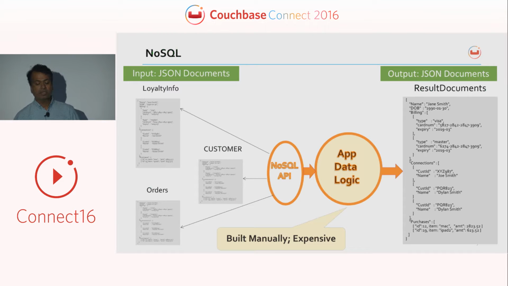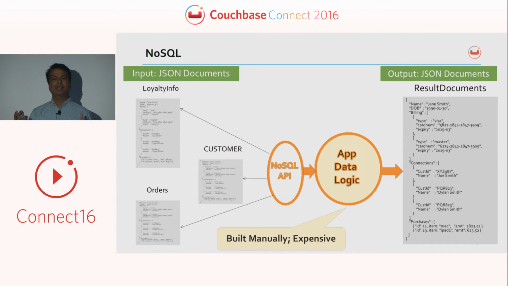Comparing that to NoSQL systems that are built on the JSON model, the input to any processing is sets of JSON documents, and you want the result to be a set of documents. You could have customer information, loyalty information, orders information. You want to manipulate these sets of documents to produce other documents required by your business.